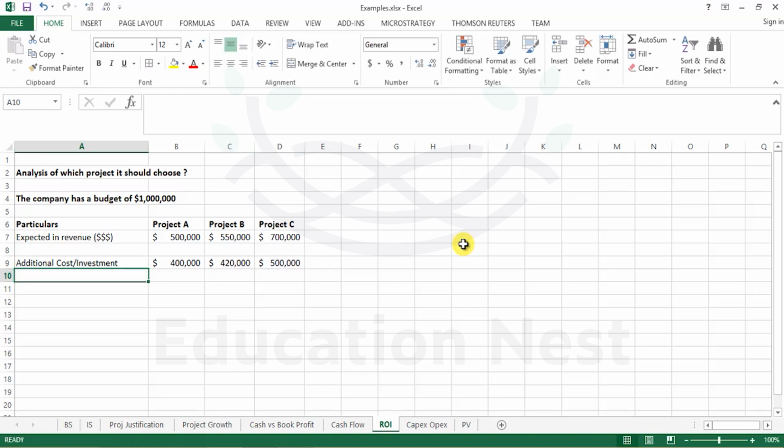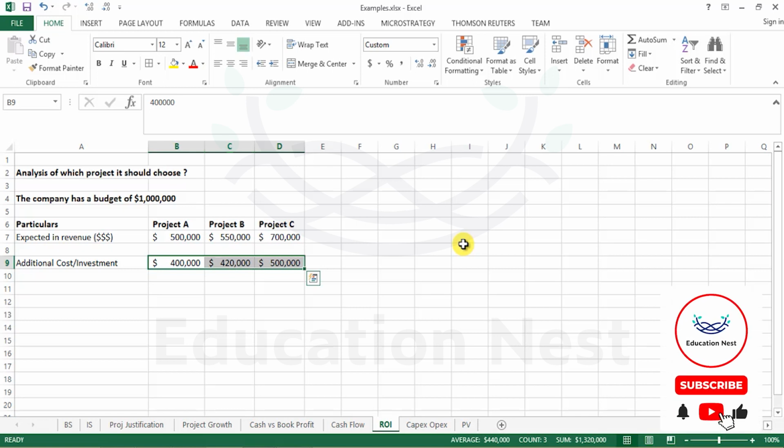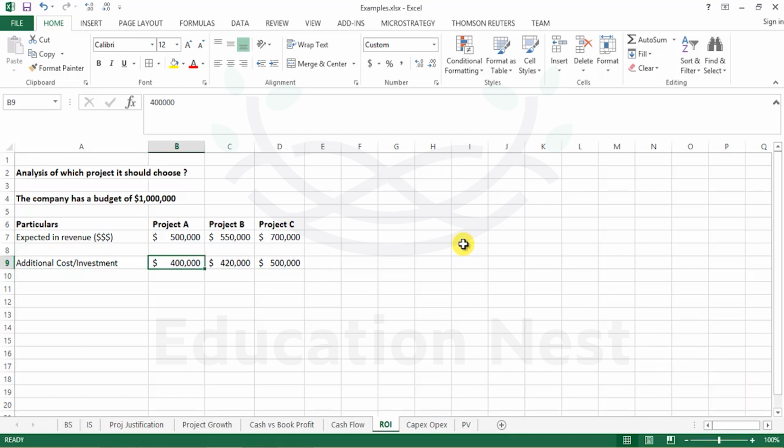That's the additional cost or the investment which the company needs to make. Now notice over here, combining these three projects, the investment is $1.3 million. The company does not have the bandwidth to go for that level of investment. You can say the company can go for project C and project A, because project C seems to be promising in terms of absolute dollar values. Oh wait, let's just complete this whole table first of all.